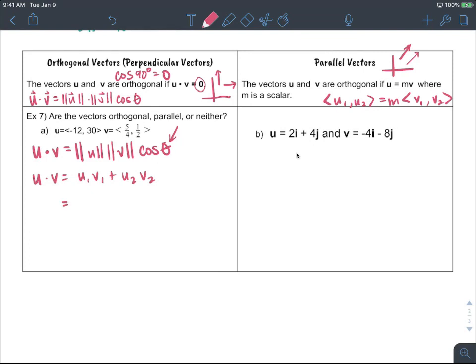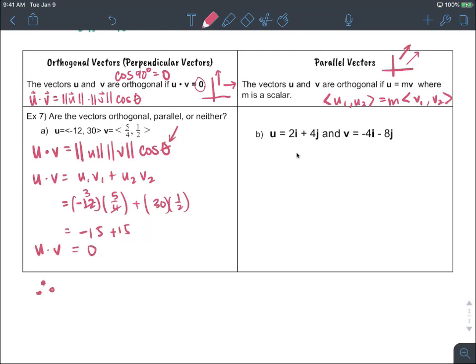So I get negative 12 times 5/4 plus 30 times 1/2, which gives me negative 15 plus 15, giving the dot product 0.